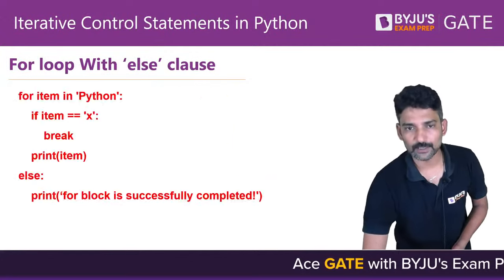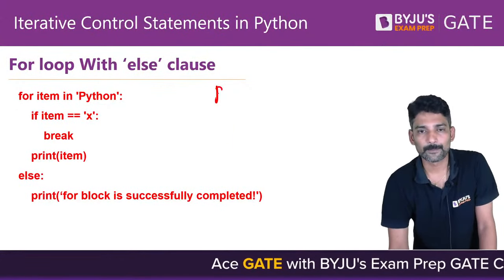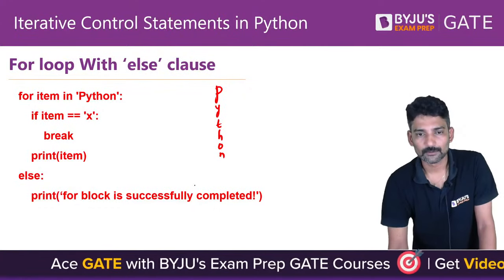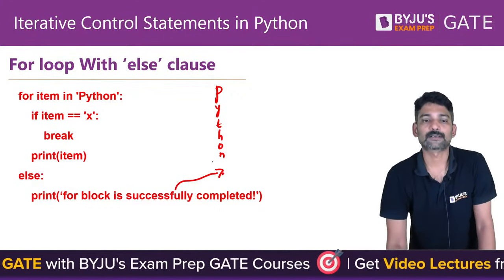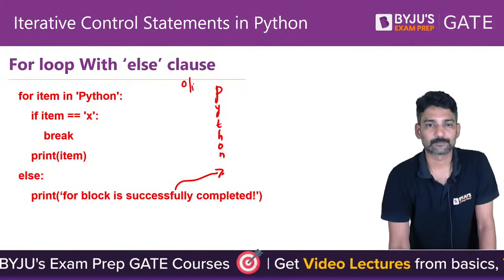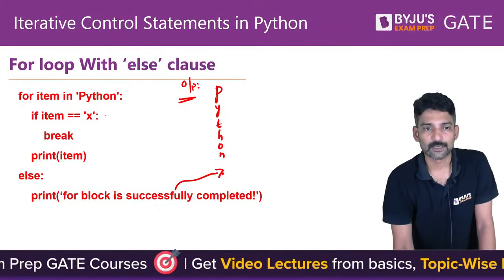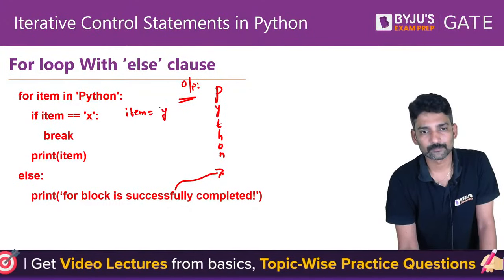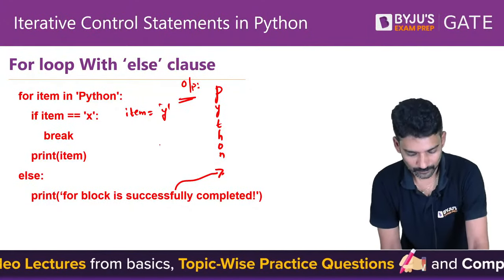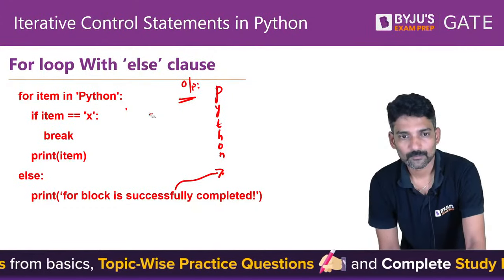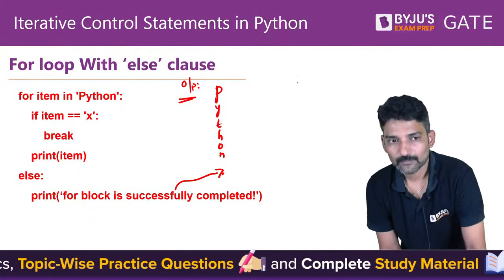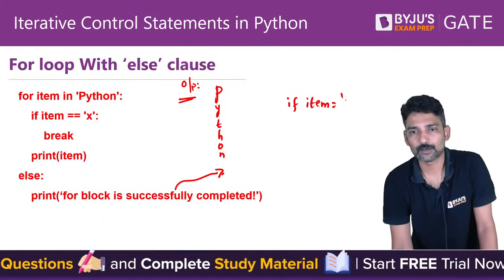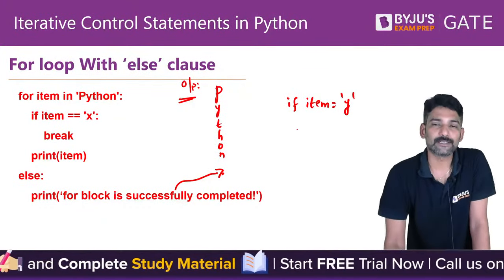And for this, what is the output you get? Python, and then for block successfully completed, because there is no x. Suppose if I write if item equal to y instead of x, what gets printed?